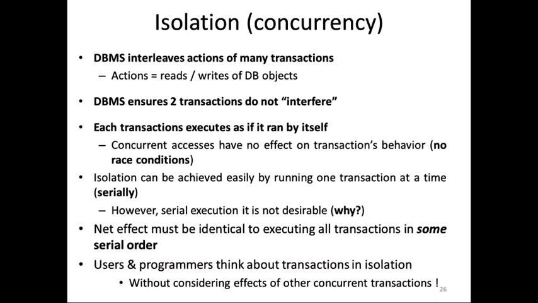So, this is exactly what we will use in order to define what no race conditions means. Executing transactions in parallel in such a way that the final result is equivalent to the result that we would get by some one possible serial execution of transactions.